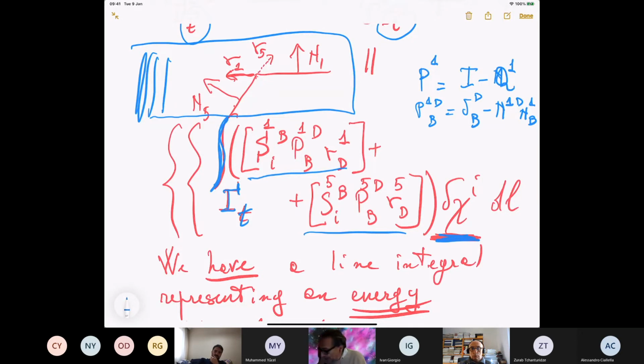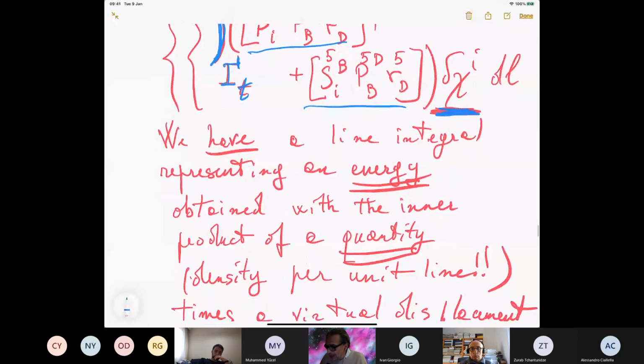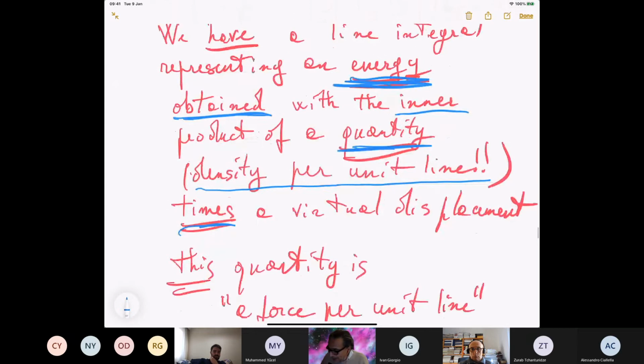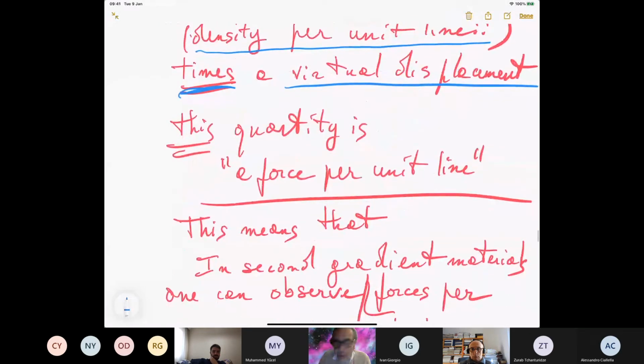So the principle of virtual work automatically gives you a line integral representing an energy obtained with the inner product of a quantity, a density per unit line, times a virtual displacement. So because of dimensions, this quantity is a force per unit line.